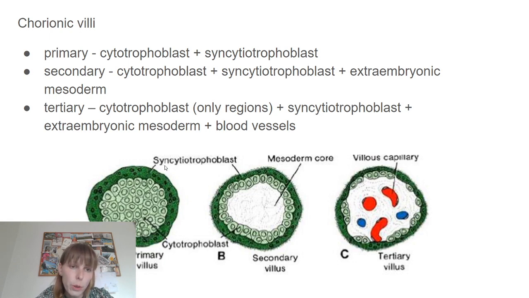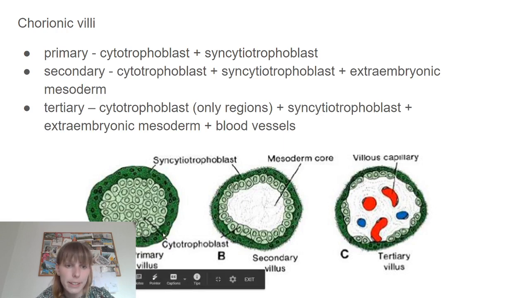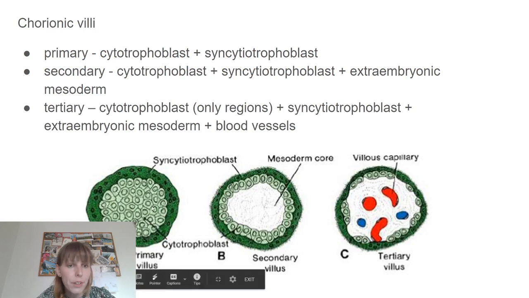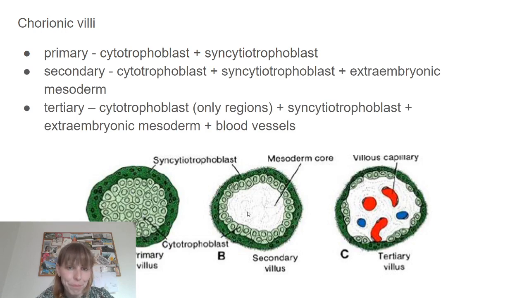So the cells will have more than just one nucleus and they will be fused. We will take a look at that under the microscope. In cytotrophoblast, it will be one cell, one nucleus. So this is a primary villus. It doesn't have an inner loose area that we will see later on.